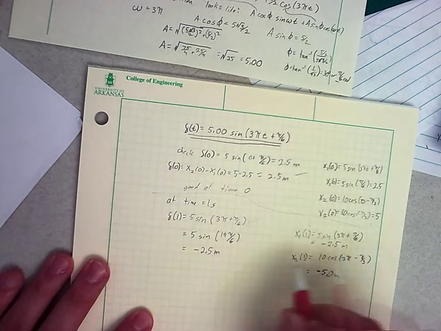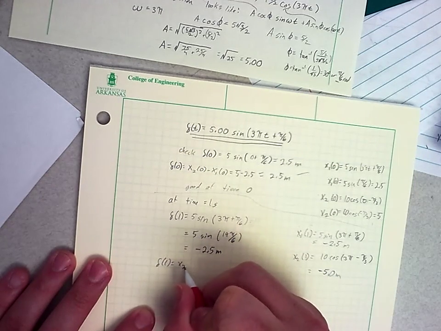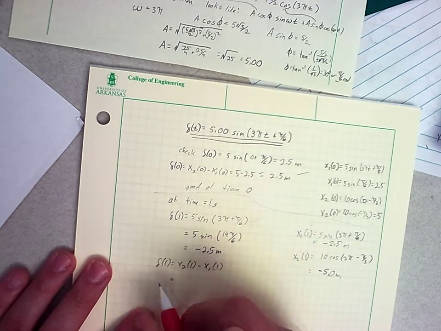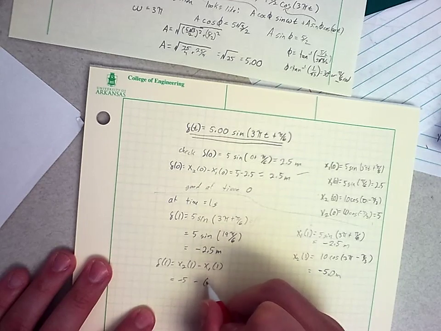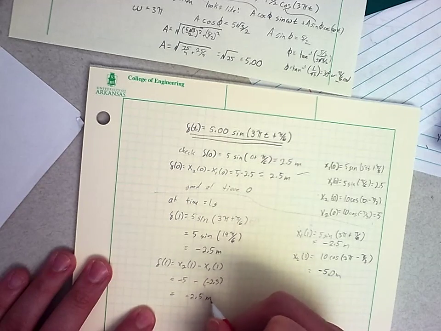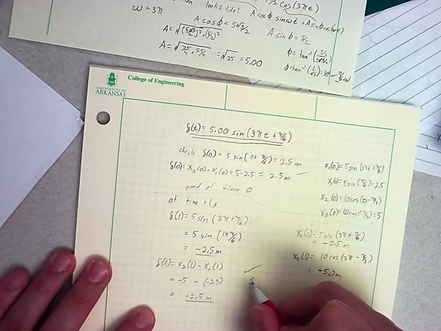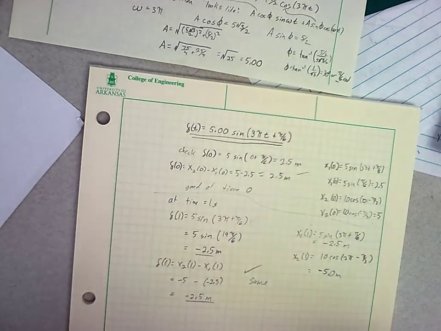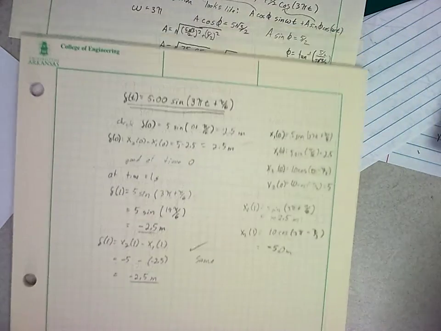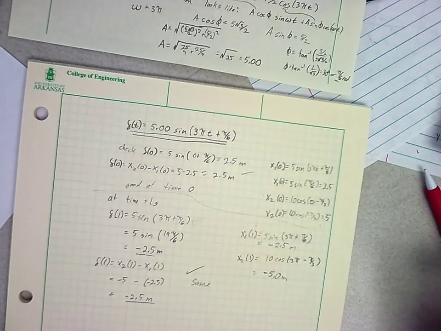And so if we do it that way, we know that v of 1 is x2 of 1 minus x1 of 1. So it's negative 5 minus negative 2.5, and we also get negative 2.5 meters there as well. So it worked at least at 2 points. It doesn't prove that it works all the time, but it's a pretty good indicator that hopefully we got the right thing going on. So yeah, very lengthy problem. But again, if we just break it down piece by piece, we can eventually get there.